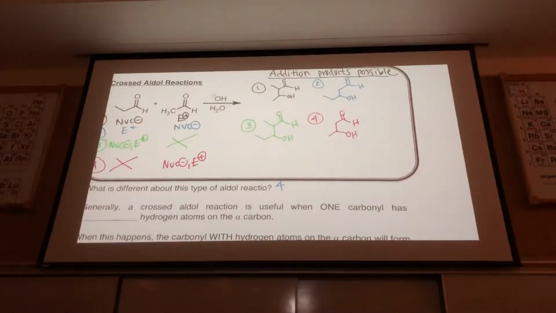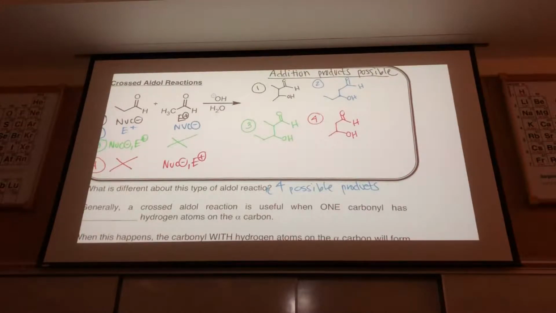What is different about this type of aldol reaction? Four possible products. Okay, so this would not be a desirable outcome, right? No one wants a mixture of four things.